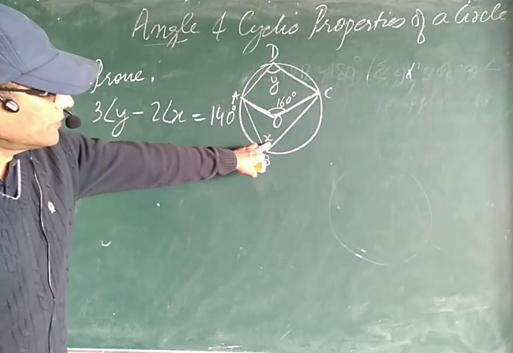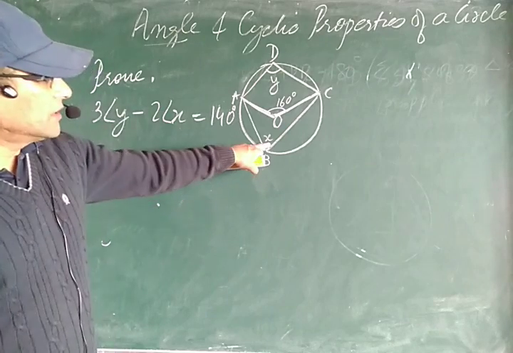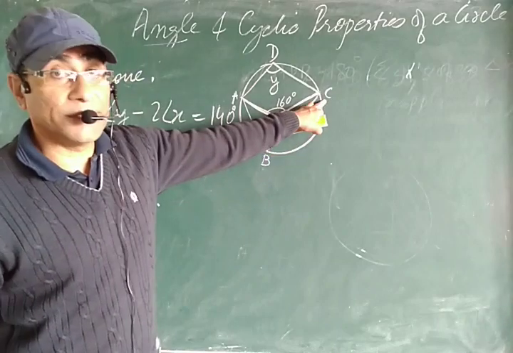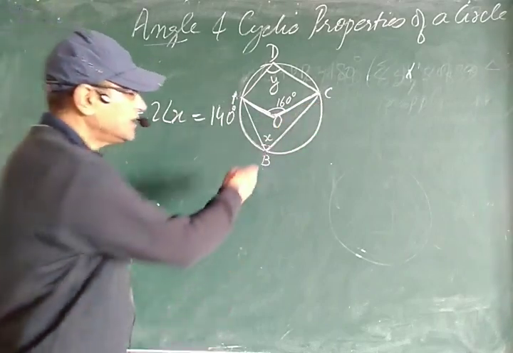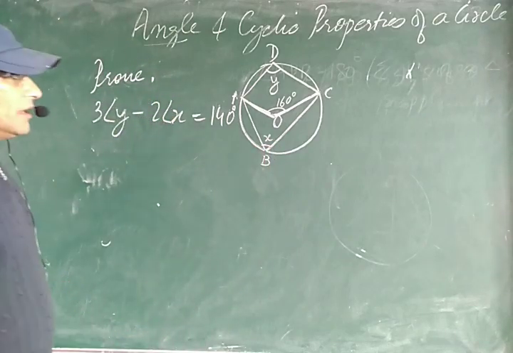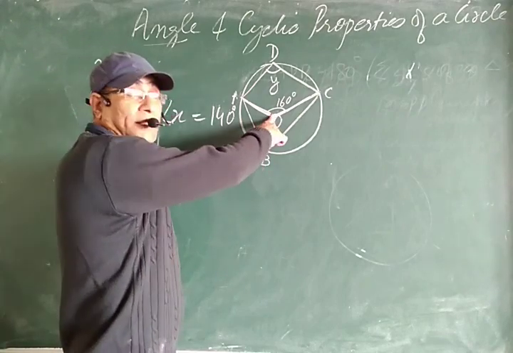Now, in order to find the value of x, let's concentrate on the angle that is formed by the lines AB and BC. Angle ABC is also termed as x over here. Now let's go back to the theorem once again. One angle is formed at the circumference, one angle is formed at the center.